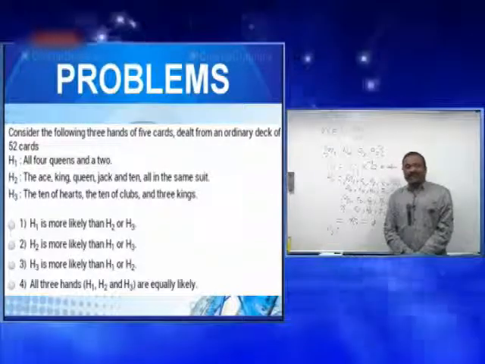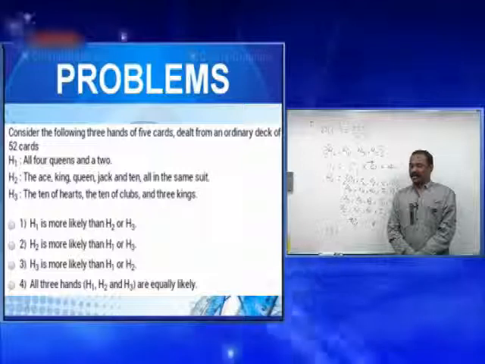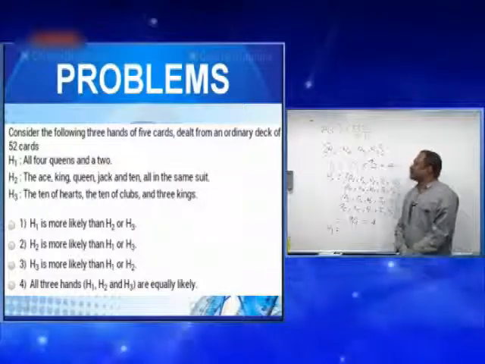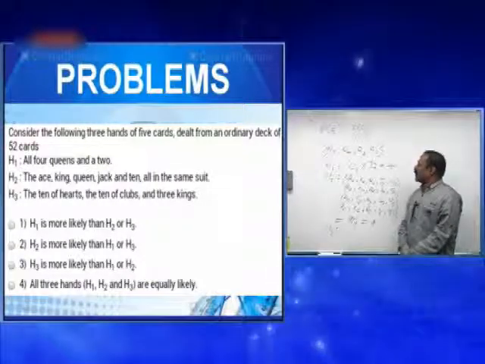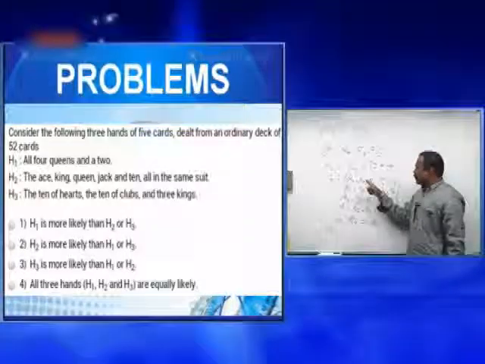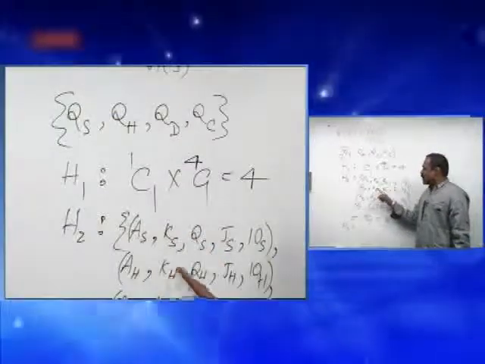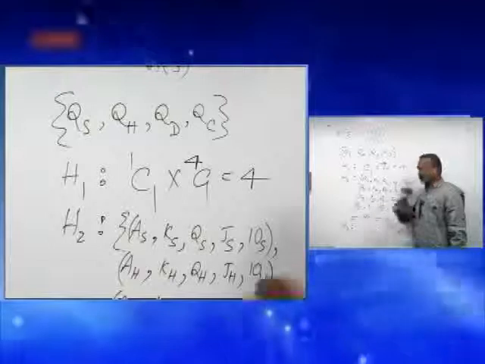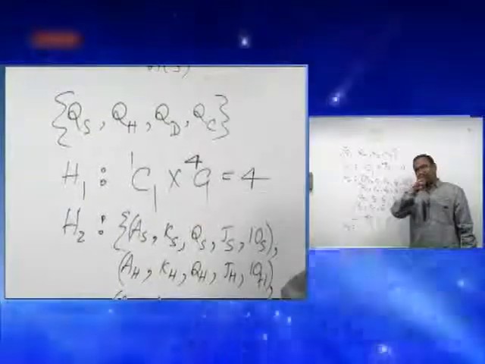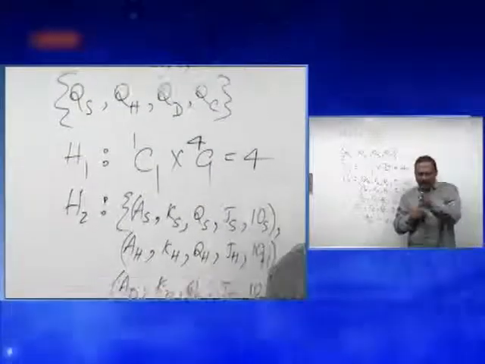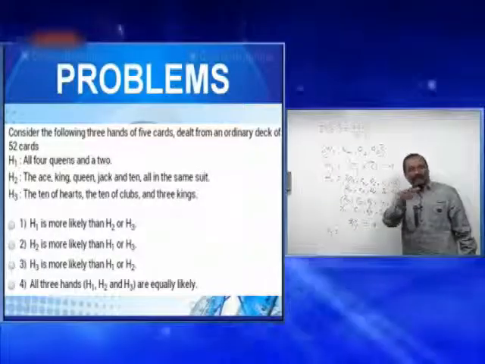And 3 kings we need. How many kings will be there totally? Spade king, heart king, diamond king, clubs king. 4 kings will be there in the set. How many kings do we need in H3? We need 3 kings.